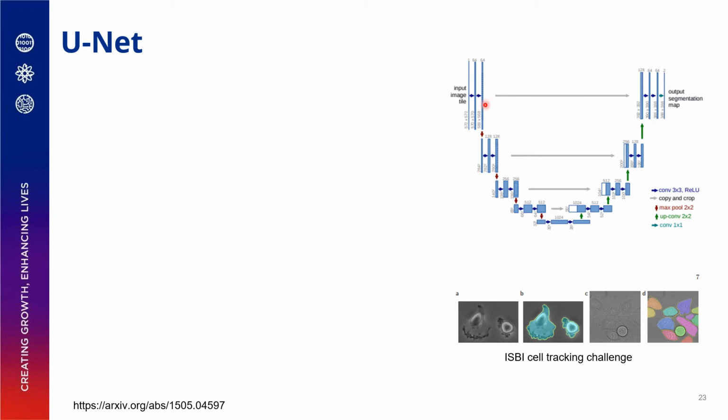So the difference between encoder decoder and U-Net is essentially these arrows that you see over here. They are called skip connections. The problem with the encoder decoder idea is that as you go down, even though you try to increase the number of filters, as I already mentioned, the resolution of the image reduces. So you may not be able to look at some of the very fine features that are needed for detection, especially for things like crack detection.